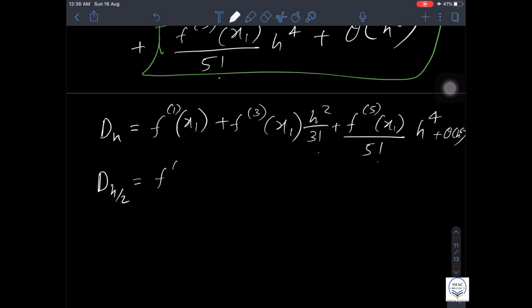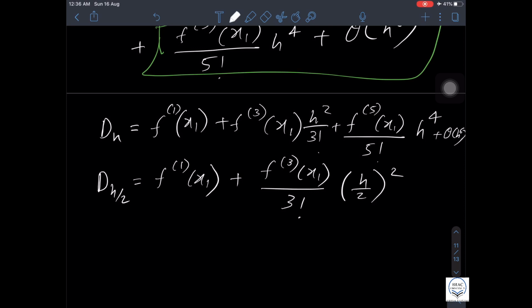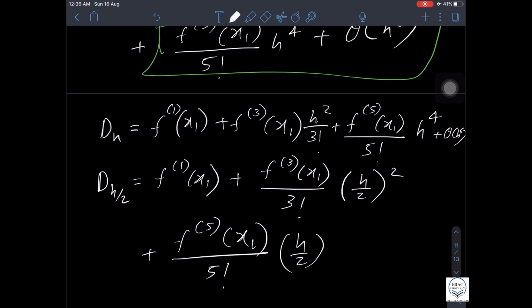This is nothing but f1 of x1 again, plus f3 of x1 by 3 factorial times h by 2 whole square, plus f5 of x1 by 5 factorial times h by 2 to the power 4, plus order h6. Order h6 will not change because h and h by 2 have the same order.